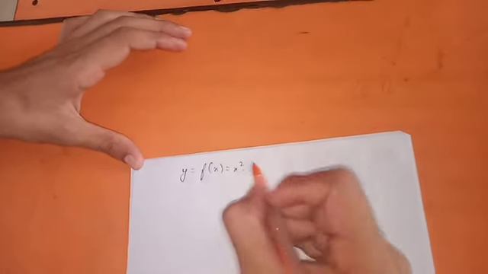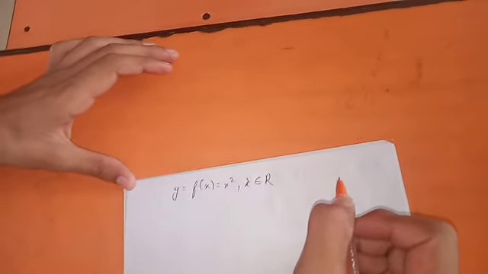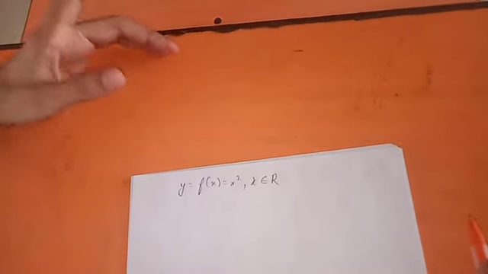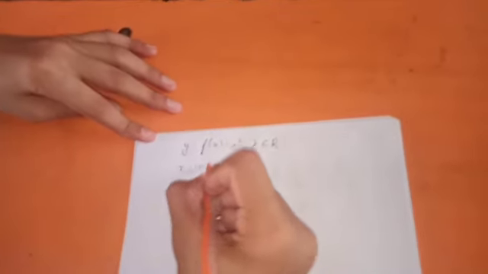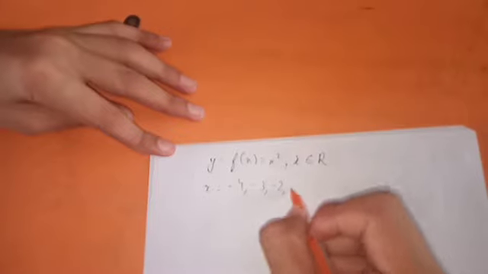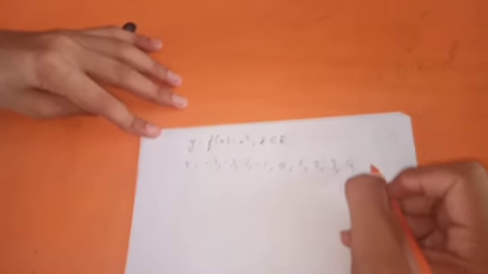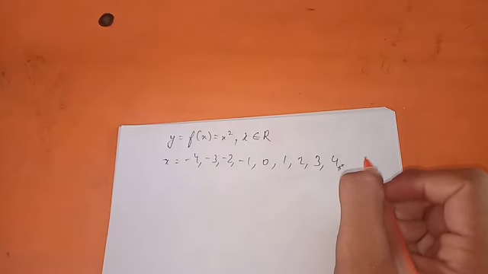It is our function and x belongs to R. So they are given some specific values of x in this question, that are -4, -3, -2, -1, 0, 1, 2, 3, 4. These are the values of x given, and they are asking the value of y.